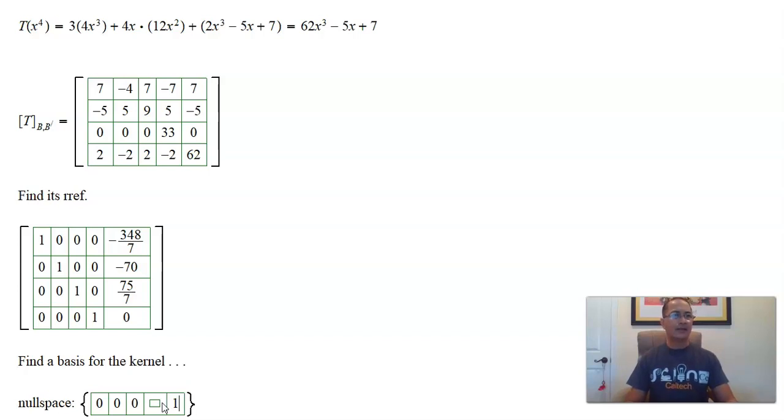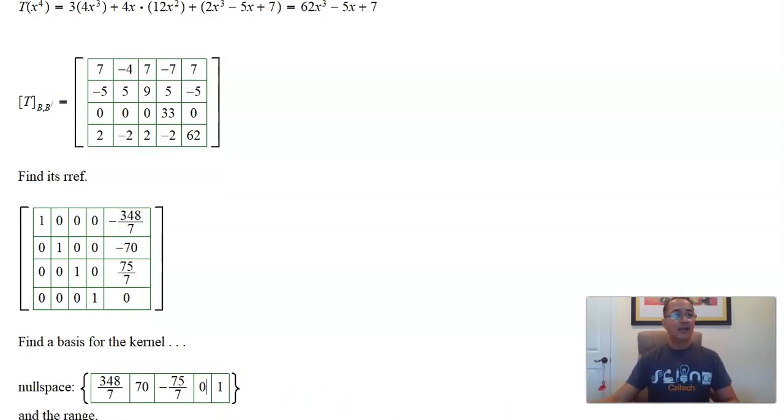It's been a while since we did sight reading. That's 1. And then this will go into column 1 as positive 348/7. This will go in column 2 as positive 70. Column 3 as negative 75/7. Ooh, 0. Huh. So that's just 0 in the 4th entry.